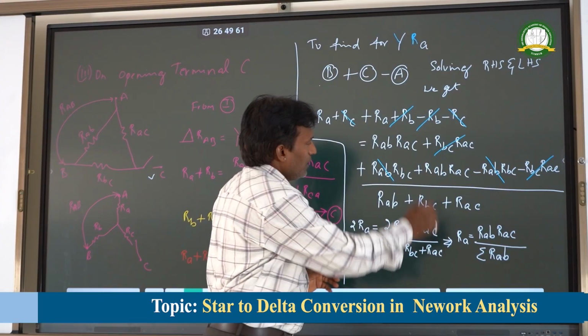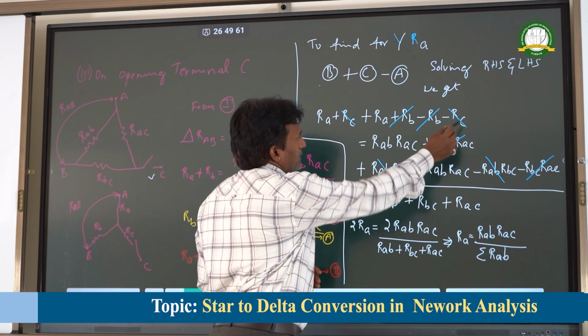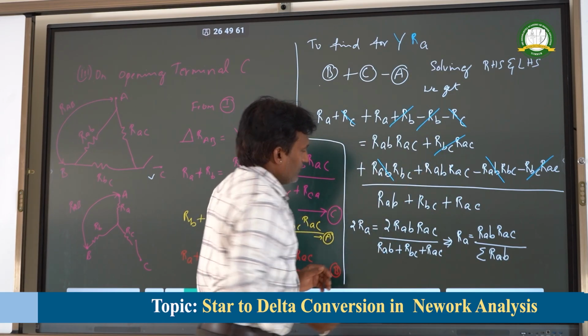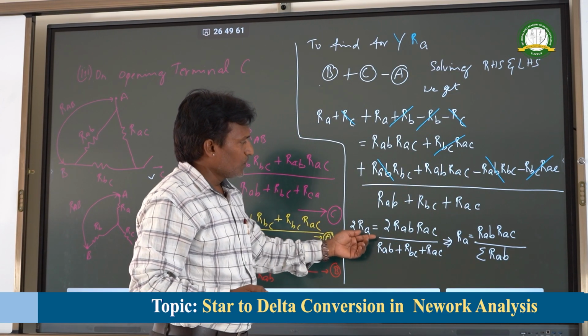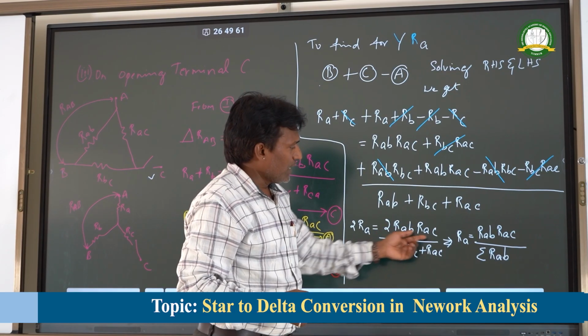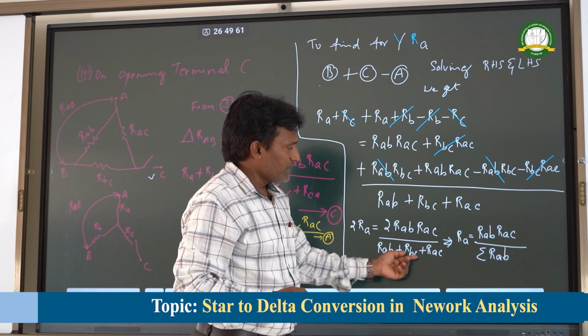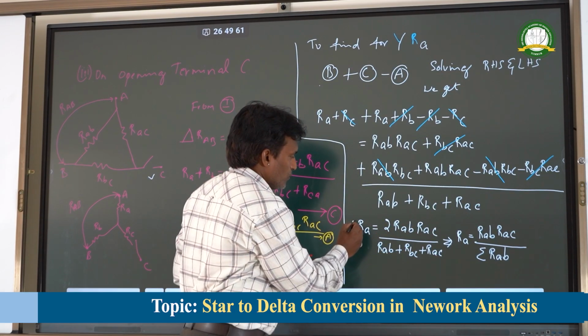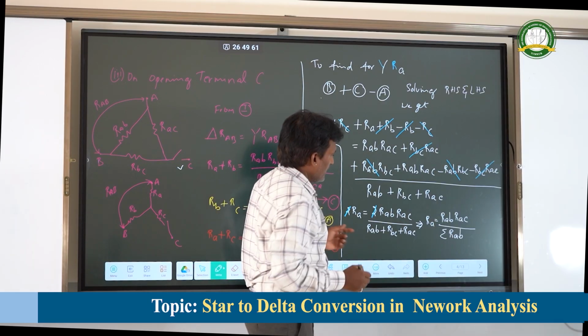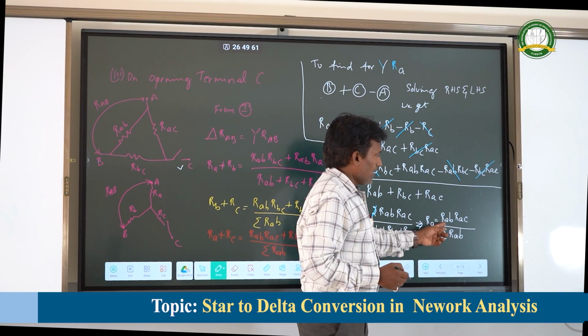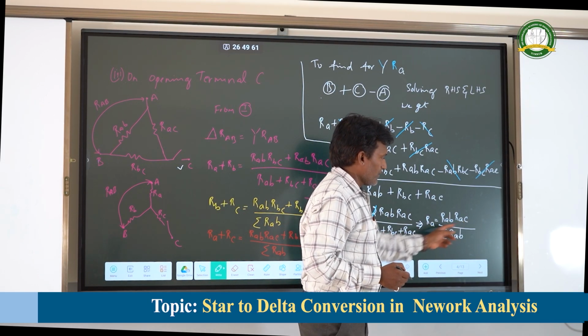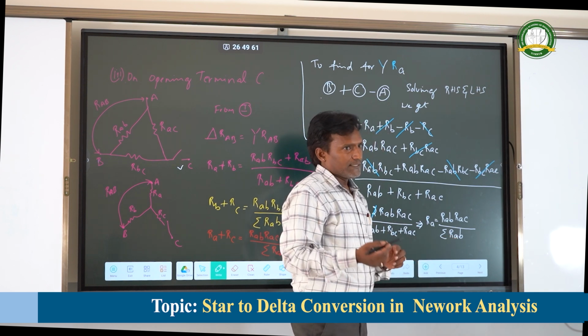Finally solving this, these terms get cancelled out, and I get 2RA is equal to 2RAB RAC upon RAB plus RBC plus RAC. We can cancel out the two term here, and finally RA will be equal to RAB RAC upon the summation of RAB, RBC and RAC. That is what I said earlier.